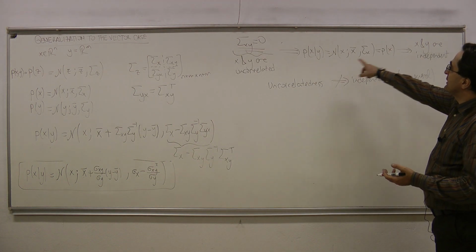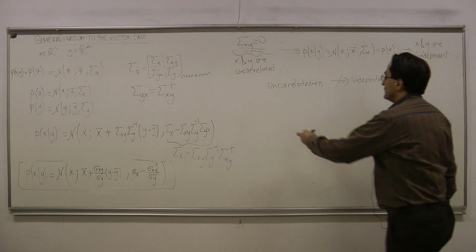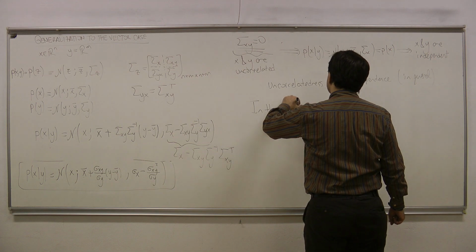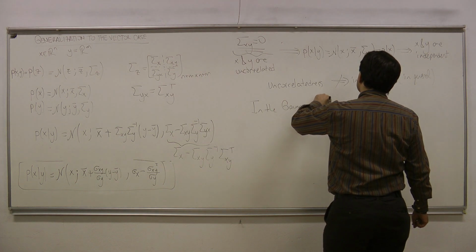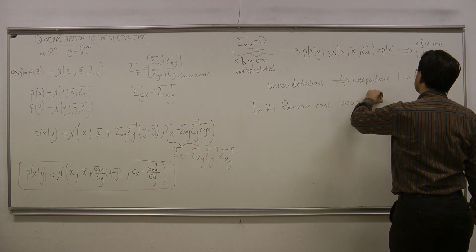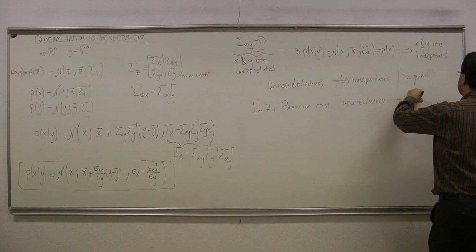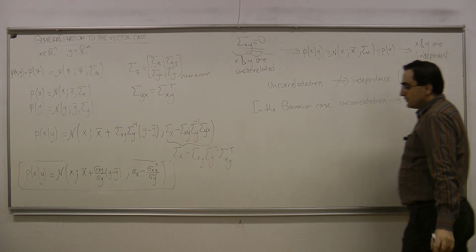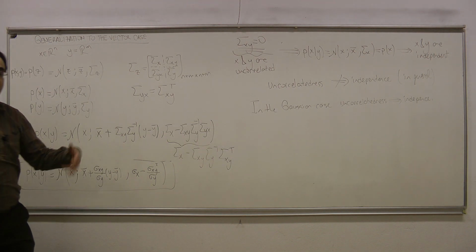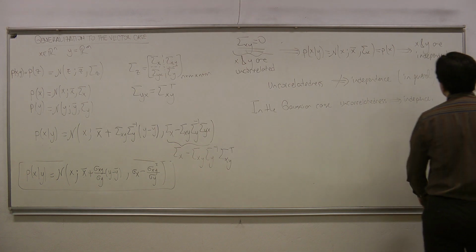But in the Gaussian case, this implication would be correct. In the Gaussian case, uncorrelatedness implies independence. So a weak dependence form would imply total independence.